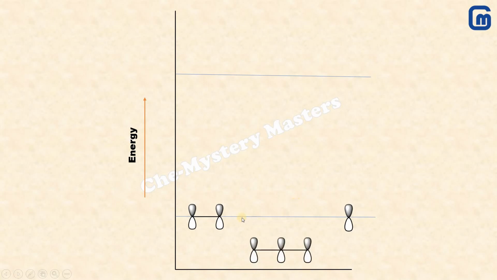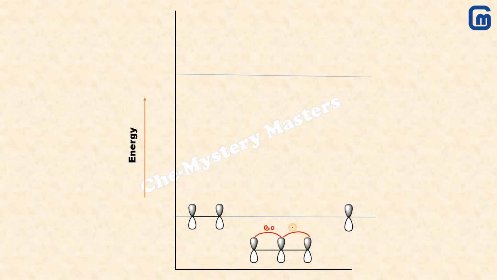In this, the ethene orbitals along with this single orbital shown here, which could be of a cation, anion or radical, overlap in such a way that their lobes are all facing the same side. So you can see there is a bonding overlap here and here also.